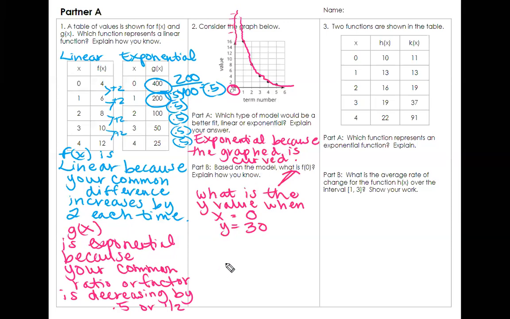So you have x, and then you have h of x and k of x. What does that mean? Yeah, they're 2 different functions. That's right.